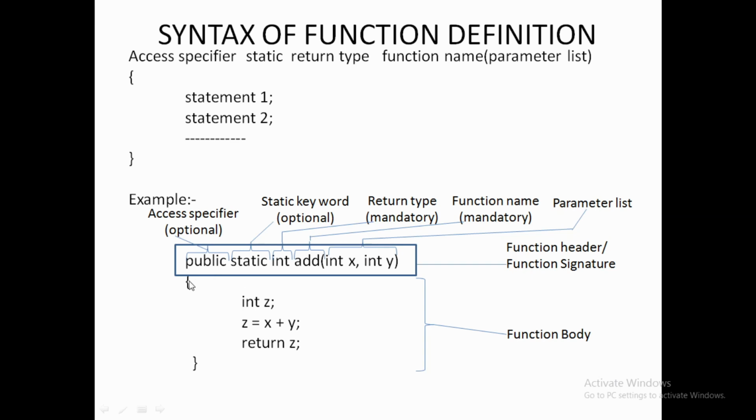Then comes the opening curly bracket and closing curly bracket. In between that, 3 lines of code are written here. Now I would like to mention here that this top part of the function definition, or this first line of function definition, is known as function header or function signature, and the rest, that is this block of statements, is known as function body.